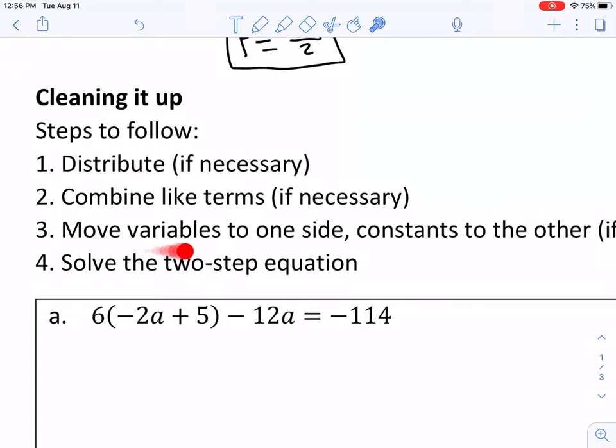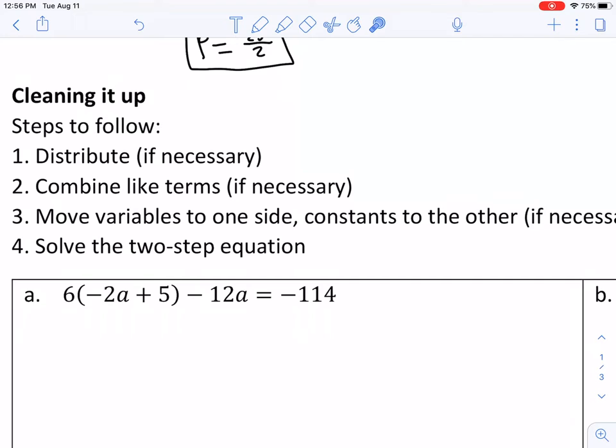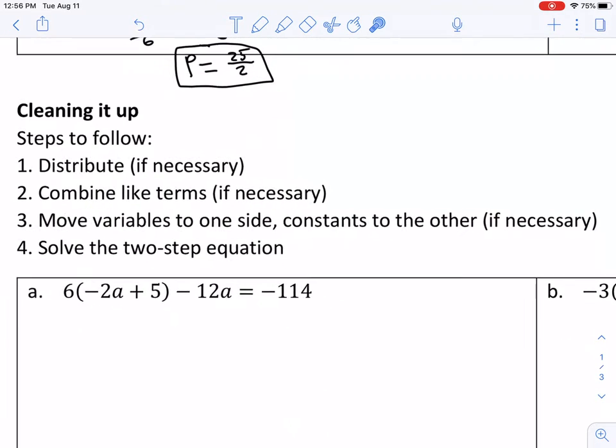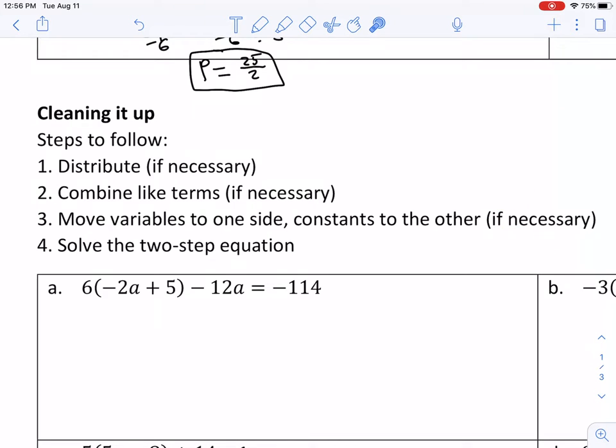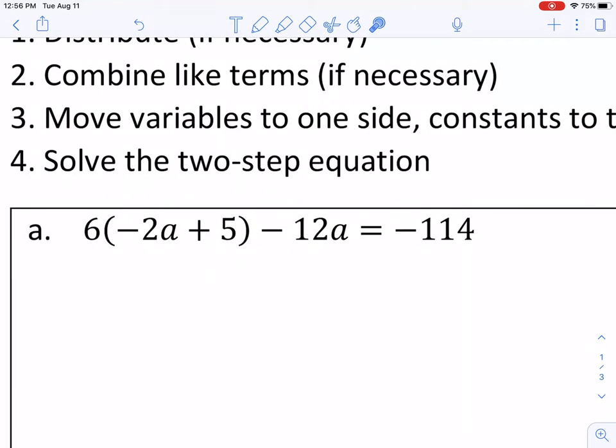Then I'm going to move variables to one side, constants to another, if necessary. In this case, we're only working with variables on one side. And then that will give us a two-step equation to solve.